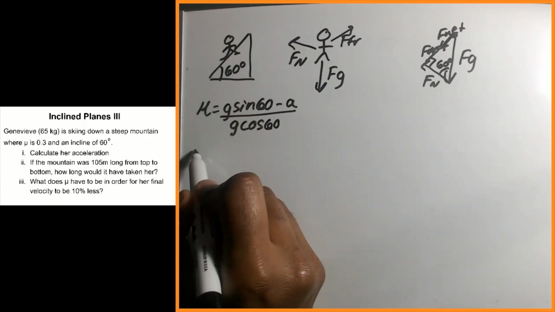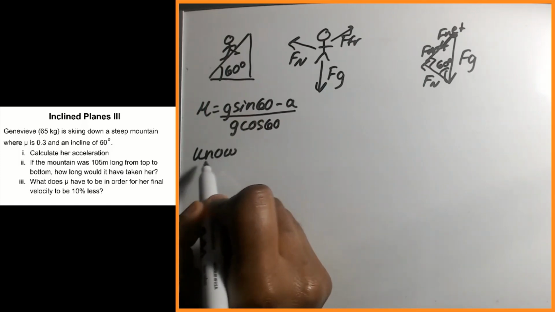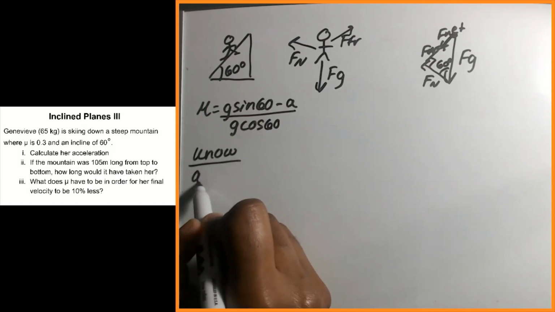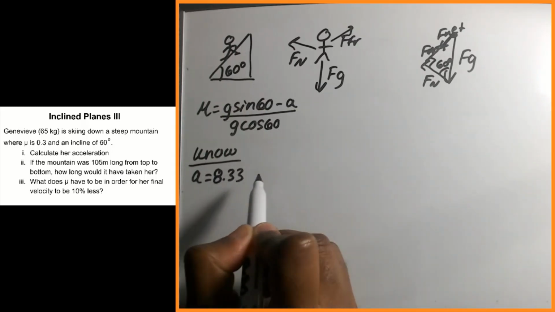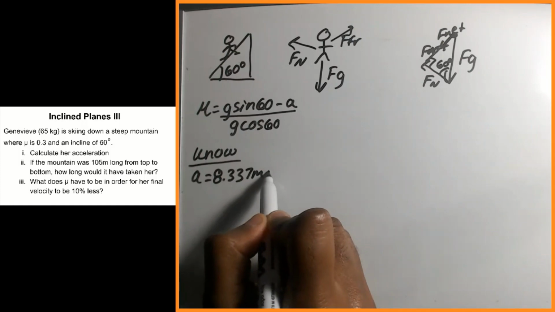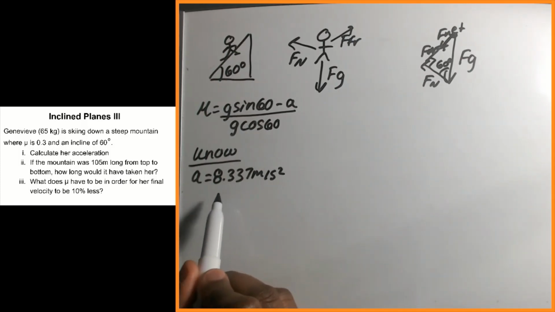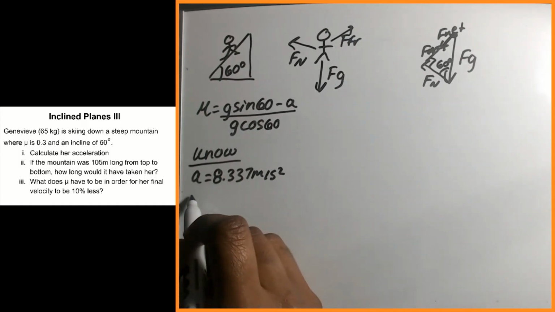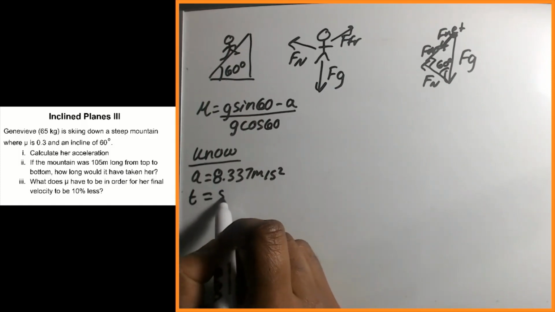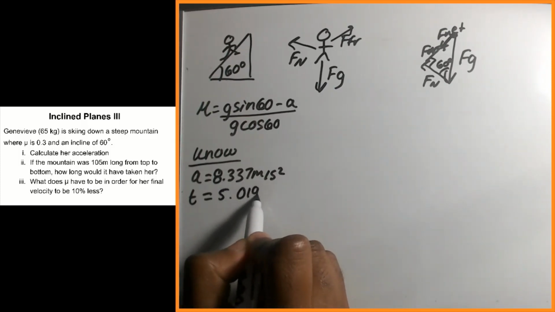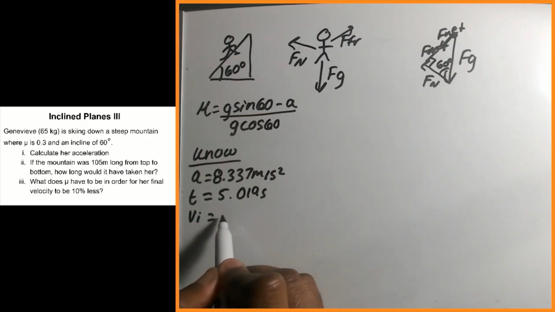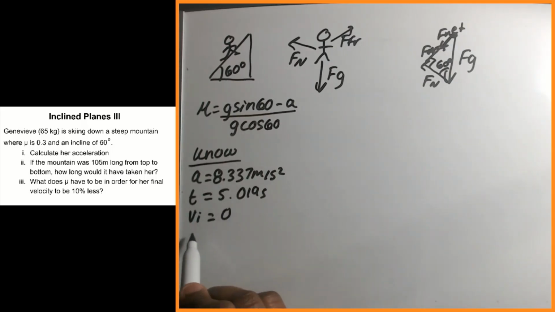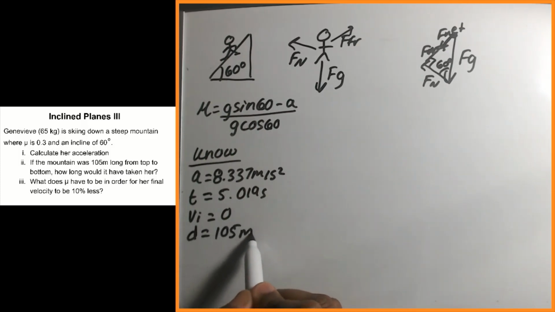So let's write out first what we know, which of course A, which we found from last time, was equal to 8.337 meters per second squared. So this is her old acceleration, and the time was 5.019 seconds. Velocity initial is the same, 0, and the distance as well is the same, 105 meters.